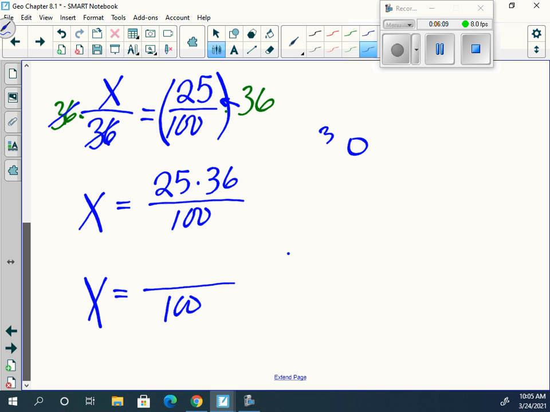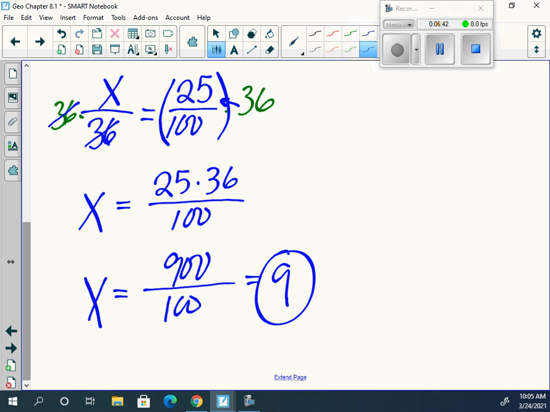25 times 36 is 900. And last but not least, we would need to divide these. 900 divided by 100 would be 9.